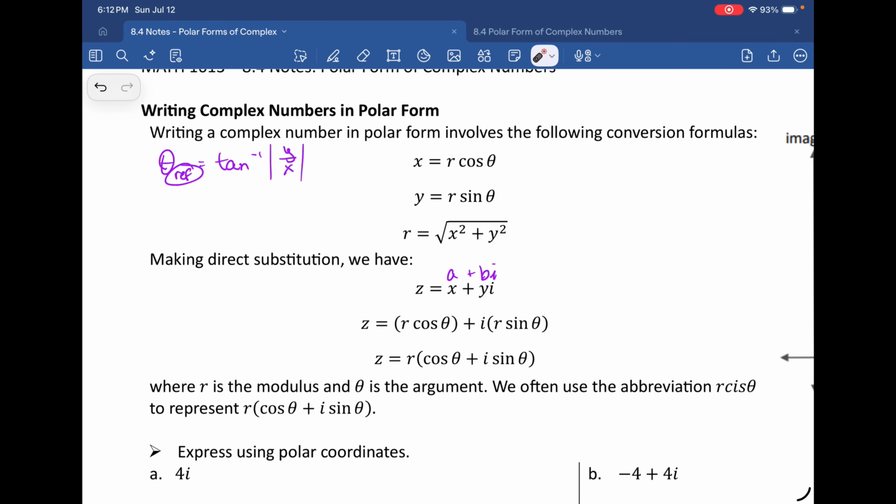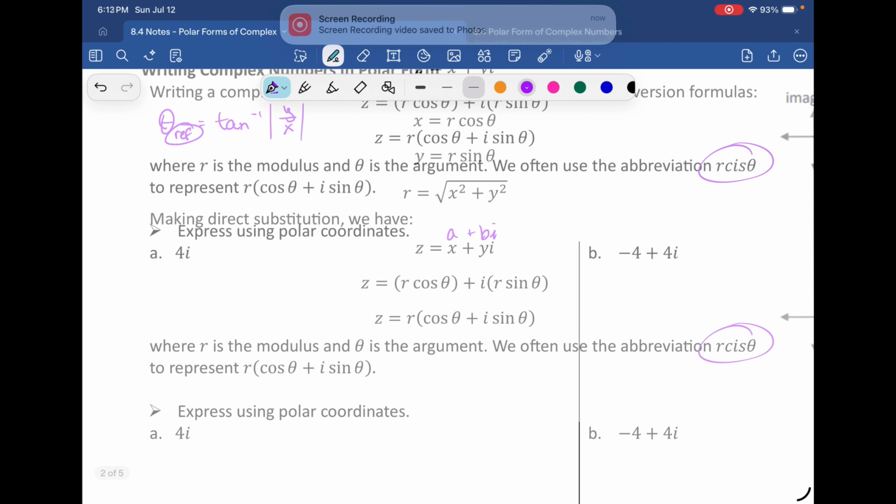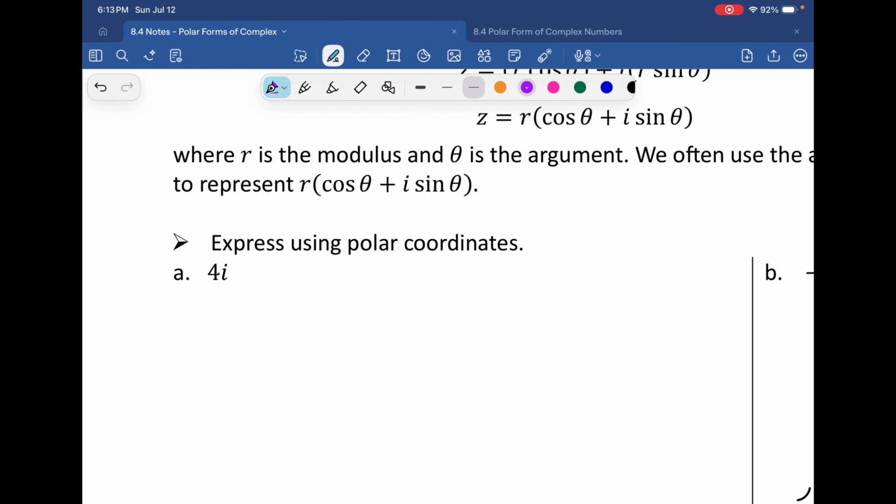Okay, you can factor out the r and say r times cosine plus i sine. Sometimes we write it in this form, r cis theta, which literally means r cosine plus i sine, r cis theta.